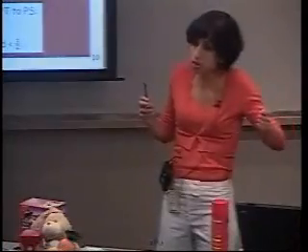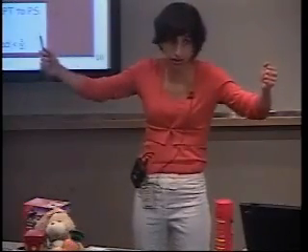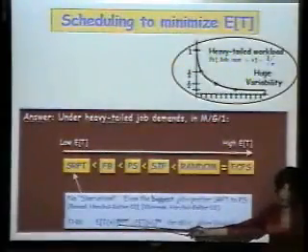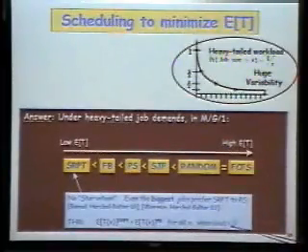What really happens is you can have a policy like shortest remaining processing time that helps the short jobs, and it can do so without hurting the long jobs. In fact, the long jobs can do better too. So if you're comparing SRPT and processor sharing, what the exact theorem says is every single job can do better under SRPT than under processor sharing, provided the load is less than half.